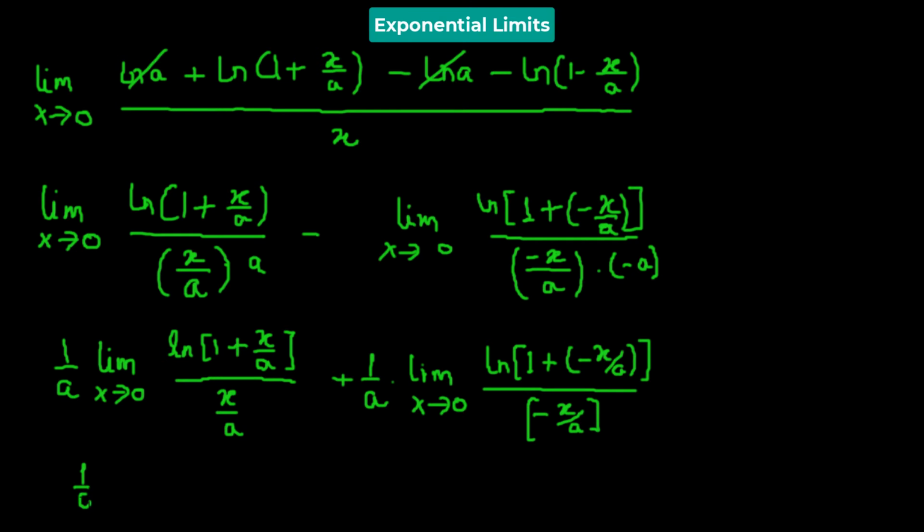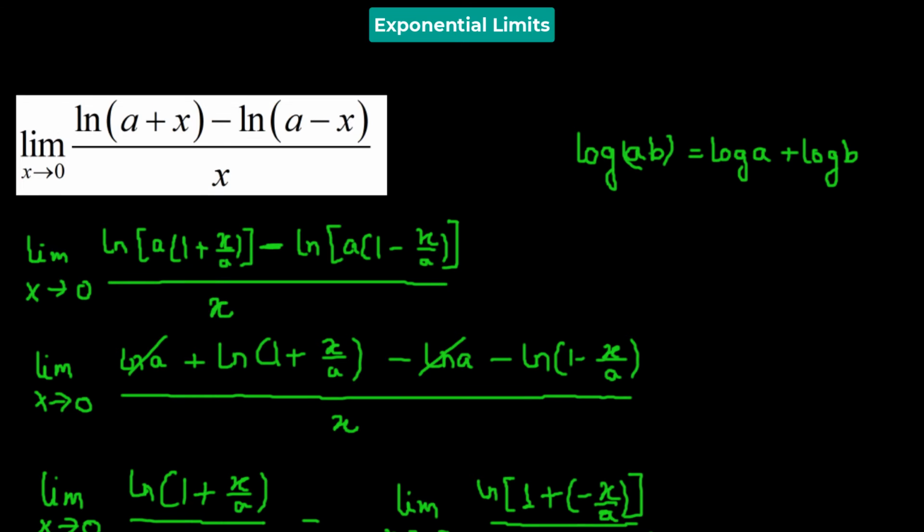So we have 1 over a times 1, which is the definition of the logarithmic limit, plus 1 over a times 1. So we get 1 over a plus 1 over a, which is 2 over a. This is the limiting value of the given function, so we have 2 over a when x approaches 0.